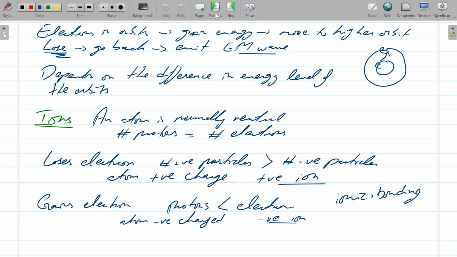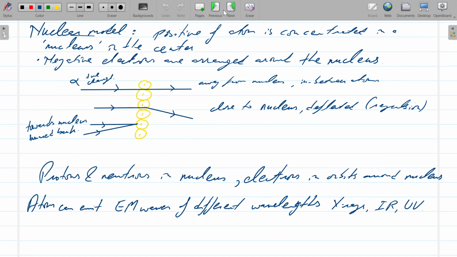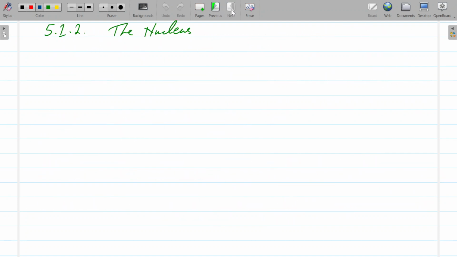So that's 5.1.2, nucleus of an atom. And what we know based on experiments conducted by Rutherford and Niels Bohr is that there are particles inside.